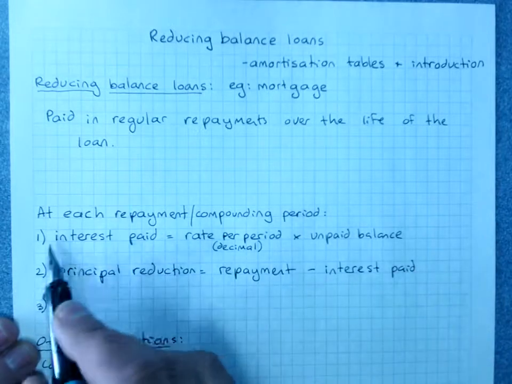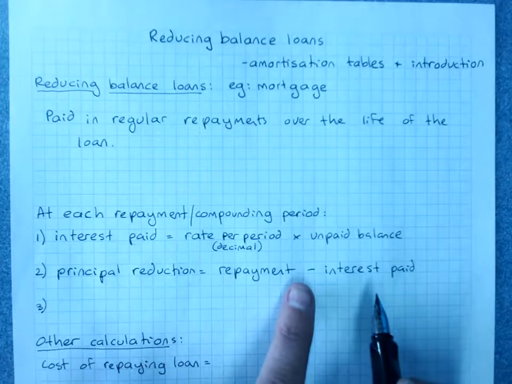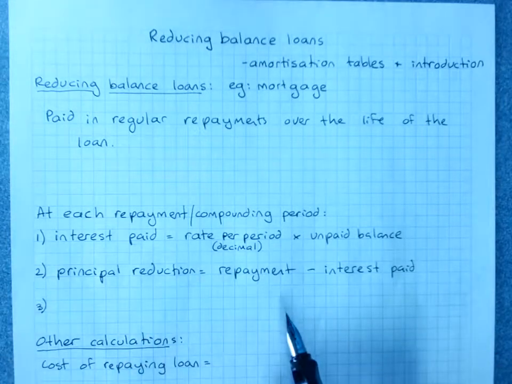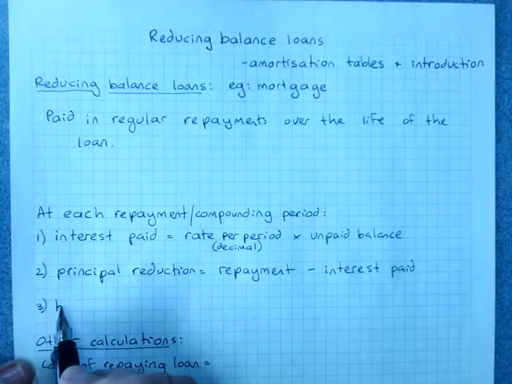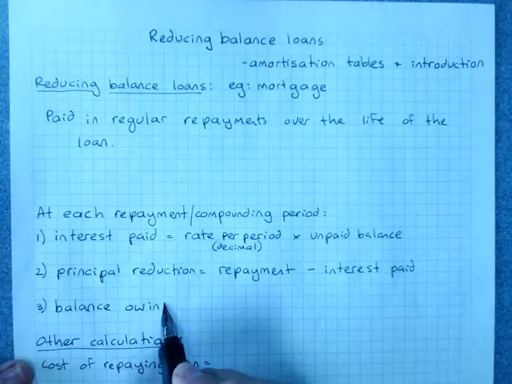So we've worked out the interest paid, and now everything we pay, take away the interest, is coming off the principal that we owe. And we work out then the balance that's still owing.